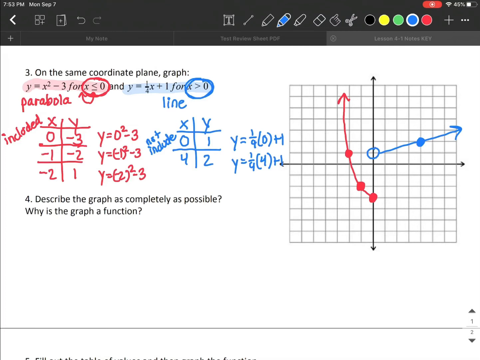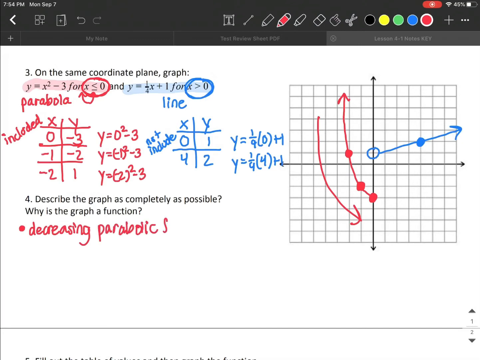I want to describe this graph as completely as possible. And then I want to talk about how I know that this graph is a function, and it's not just because I said it a million times. So the first thing I'm going to do is talk about the red piece. The red piece tells me that as I read from left to right, it is decreasing, and the adjective for parabola is parabolic.